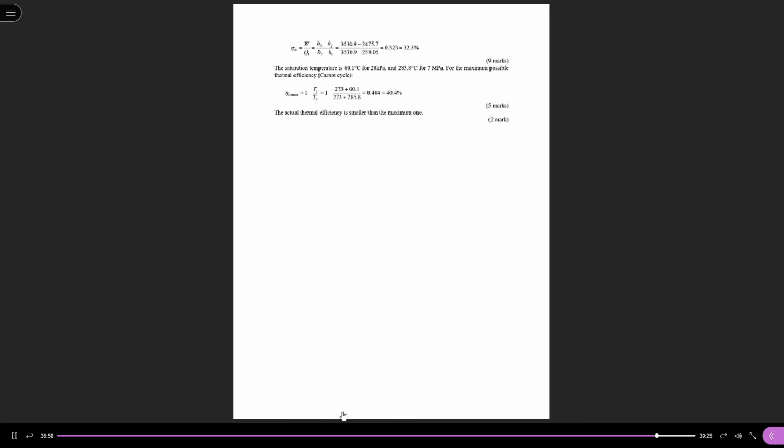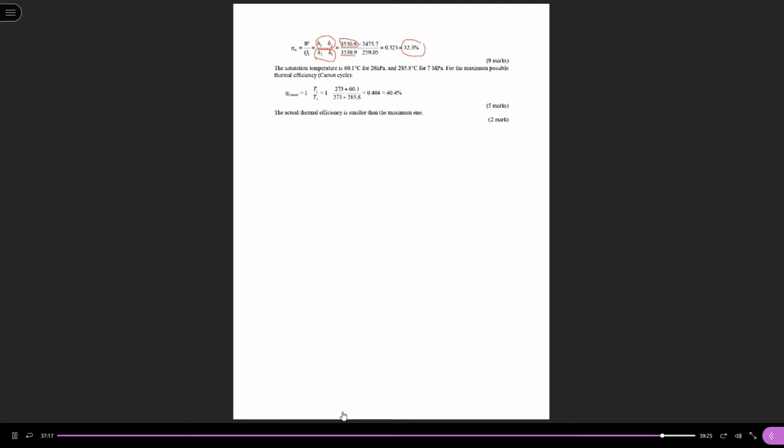Then accordingly, it's the same: this is work, we neglect the pump work input, and this is the cooling effect. We can calculate the efficiency as 32.3%.